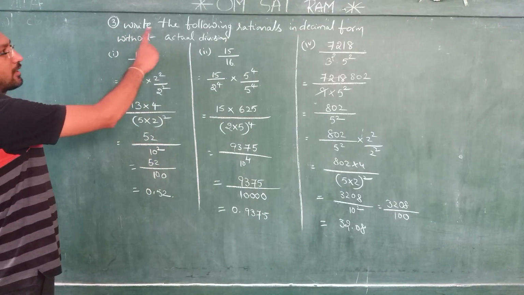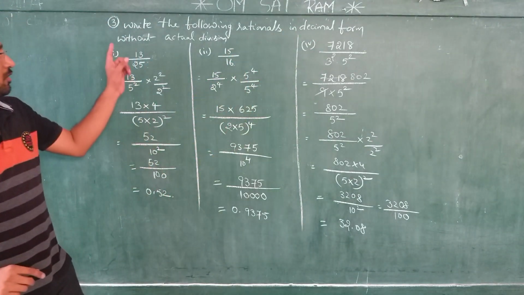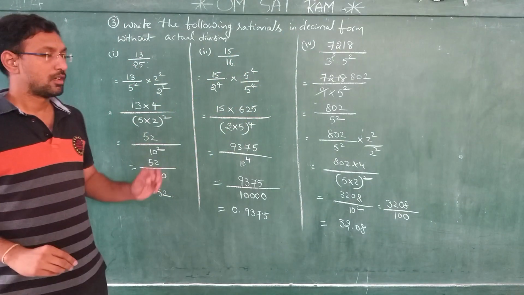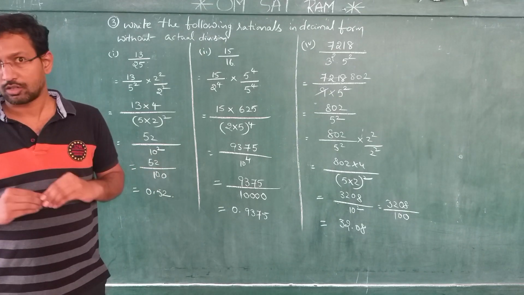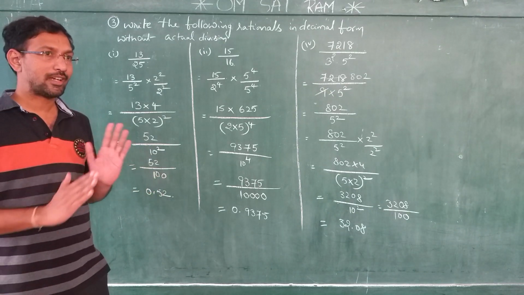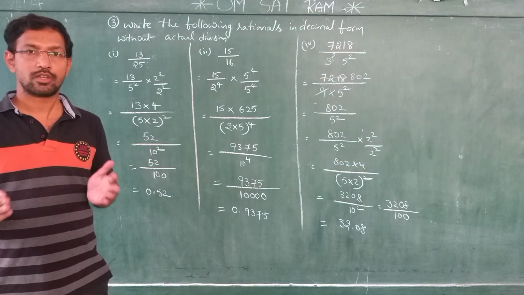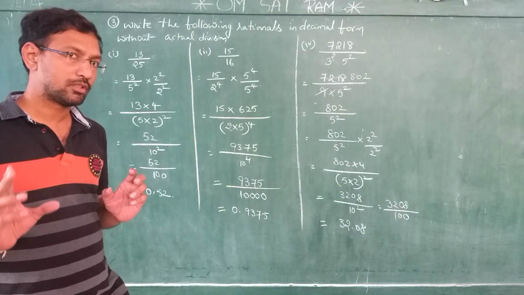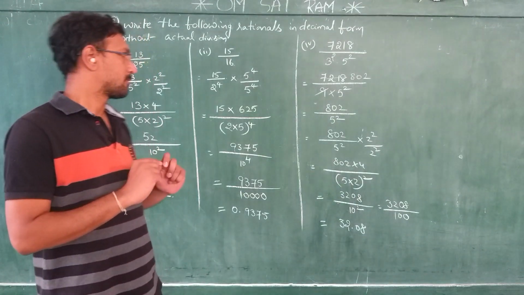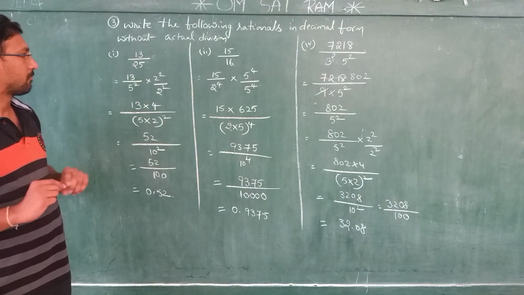Third bit: write the following rational numbers in decimal form without actual division. If the denominators are 10, 100, 1000, 10,000 and so on, then we can find the decimal form of the rational numbers without actual division. First problem, 13 by 25.